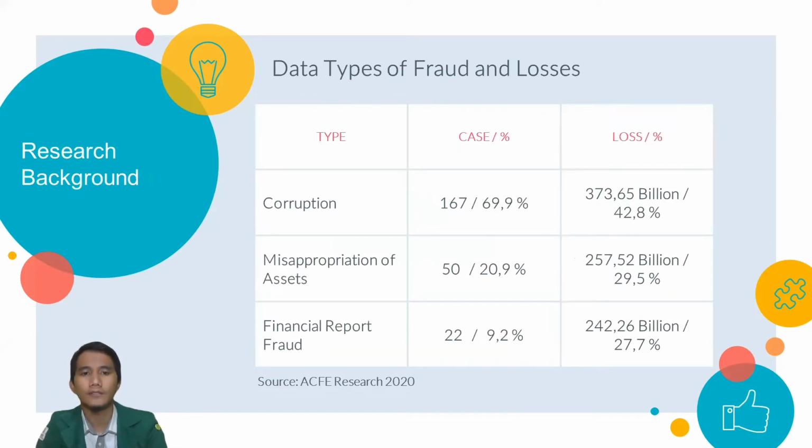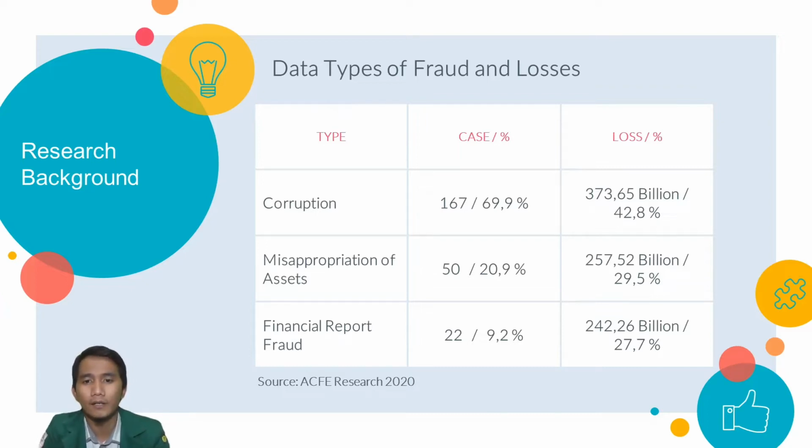My research background is the types of fraud analysis in the source of the research. Of 220 cases, the type of corruption accounts for 69.9% of cases, with a loss percentage of 42.8%.